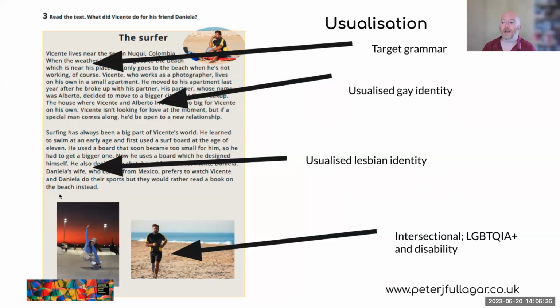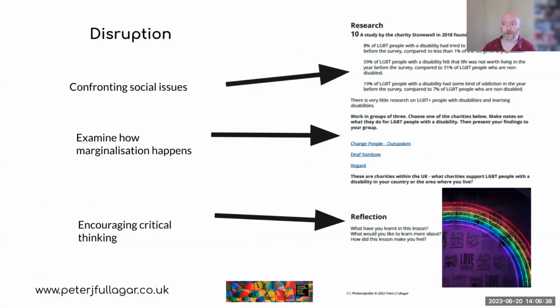On the more disruptive approach, this follows on later in the resource. And so it talks about LGBT plus people with a disability. So it confronts social issues, such as the problems that maybe LGBT plus disabled people may face, but it also asks why this may happen.